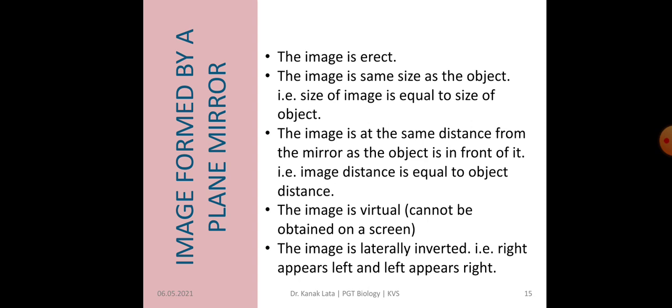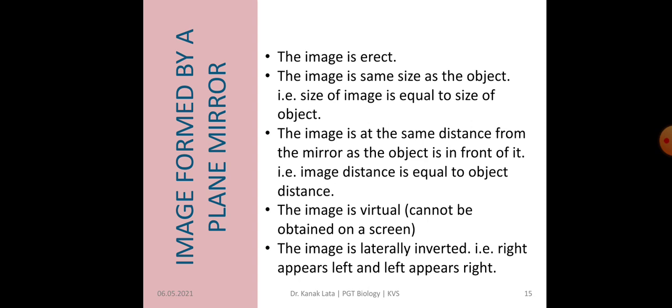The image is of the same size as the object, meaning that the size of the image is always equal to the size of the object in a plane mirror. The image is at the same distance from the mirror as the object is in front of it. It means image distance is equal to object distance.